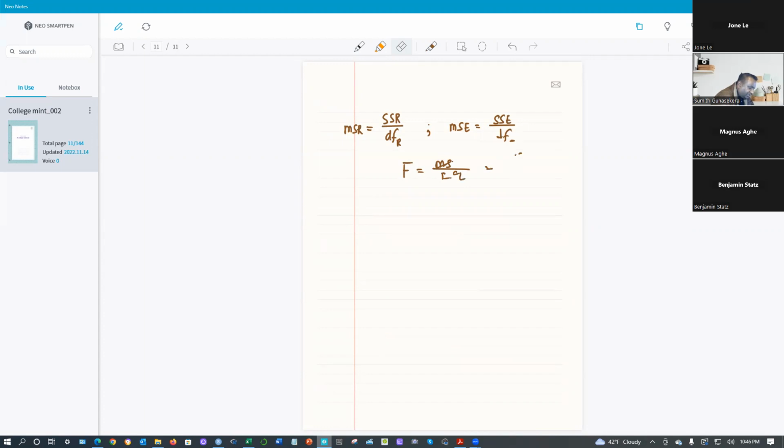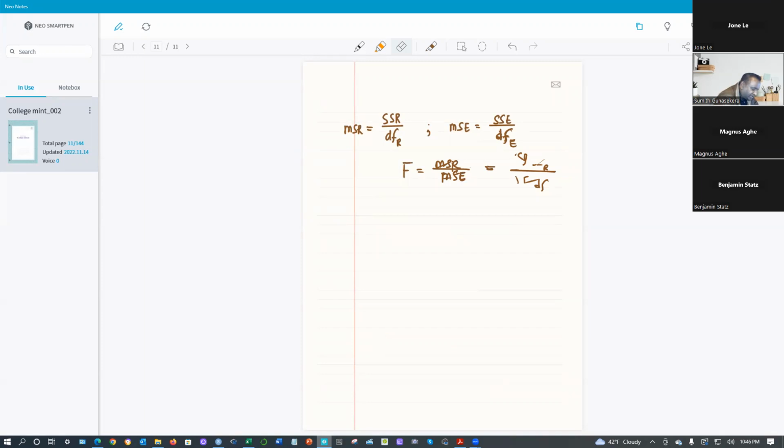This one is mean squared error. Who has some issue? I think mean squared regression, degrees of freedom of regression, mean squared error.